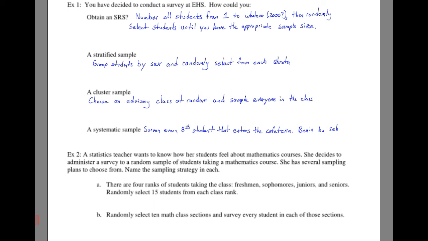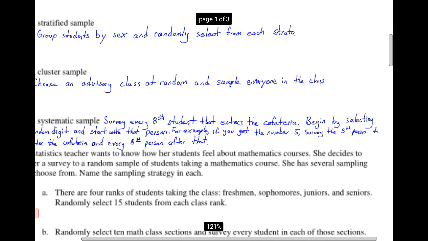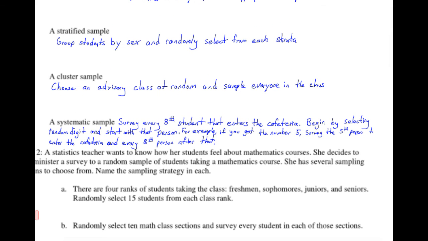So I'm going to look in the cafeteria, the 5th person that comes in, that's who I'm going to select and survey first. Then every 8th person after that, I will select and survey. That would be systematic. It's not necessarily as good as an SRS, but we get good information. It has randomness involved, and that's the key. You always want to have randomness in any sort of experimental design.